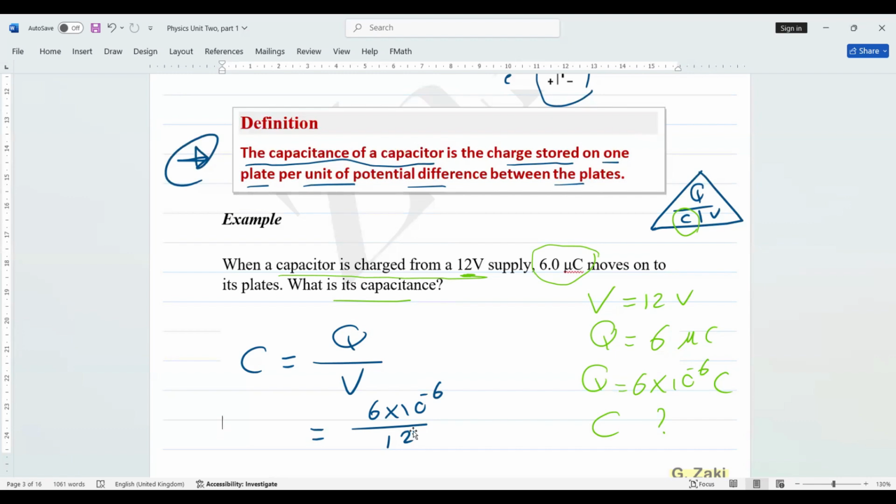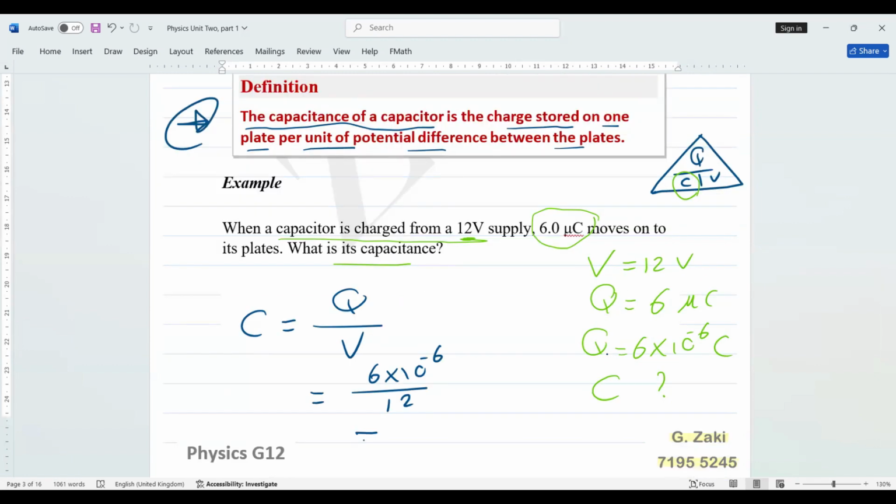But I advise you to convert, it's better to be on the safe side. 6 multiplied by 10 to the power of negative 6 divided by 12. So the answer is 5 times 10 power negative 7, which is the capacitance in farad. The unit is farad. Okay, you got it?